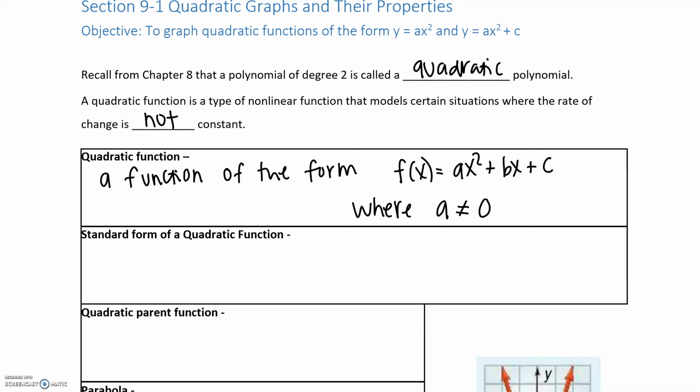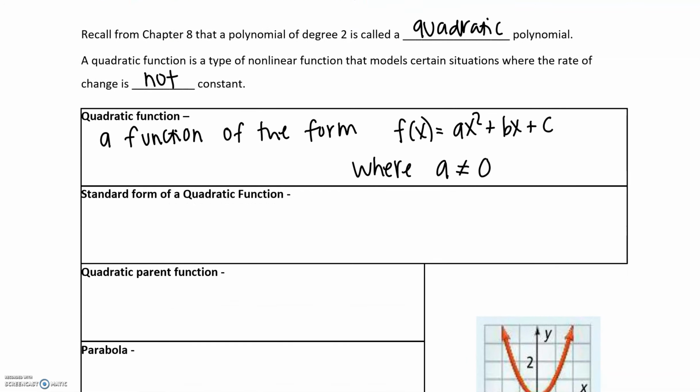We can't have this a equal 0 because then we wouldn't have that x squared, which wouldn't make it a quadratic. So the standard form is just f of x equals ax squared plus bx plus c.